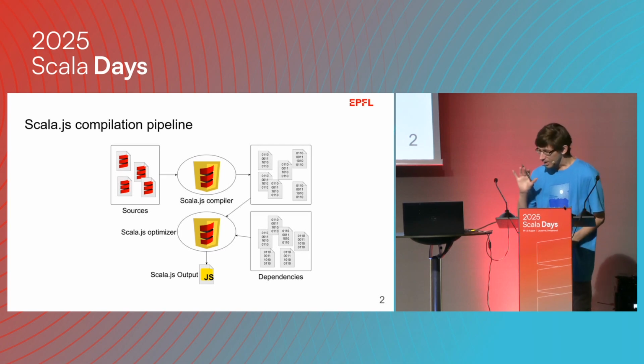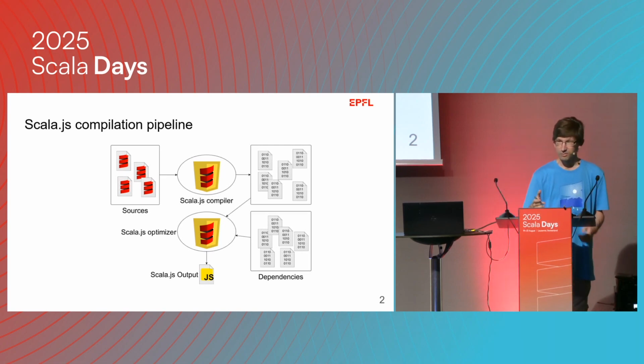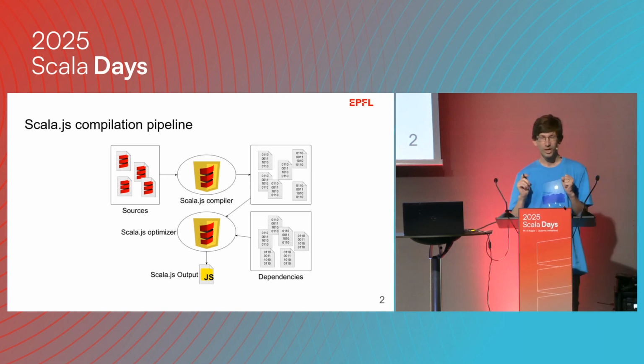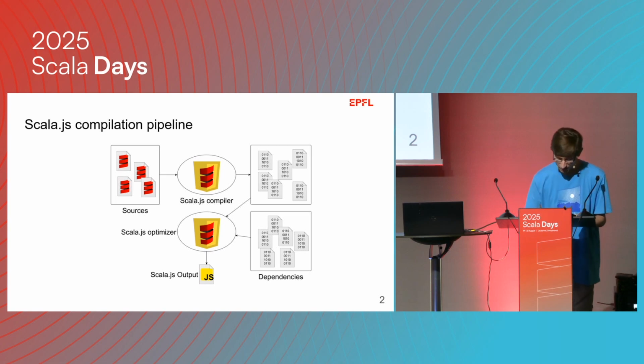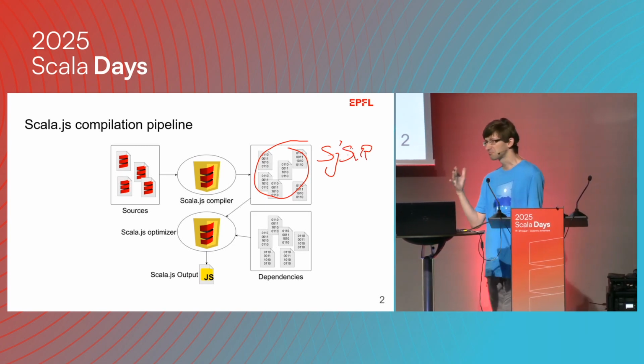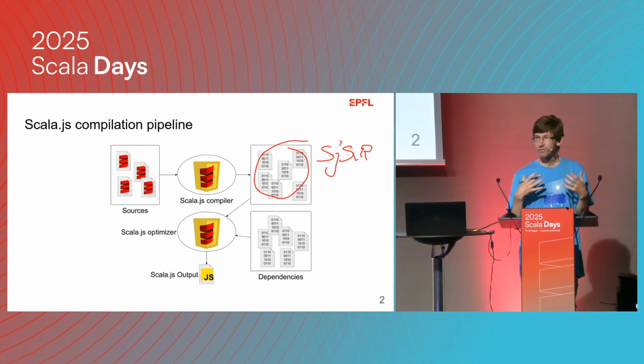In terms of architecture, the way this works is we start with some sources that have a .scala extension, and we send them to the Scala.js compiler, which is the Scala compiler augmented with a few more phases that generate SJS files. So these things here, they're special files that you can consider as class files, except they follow our format.